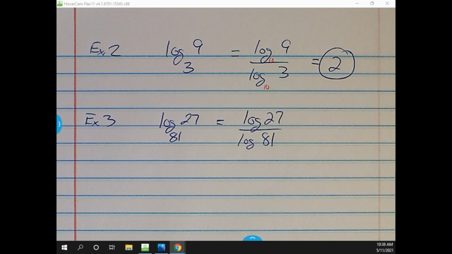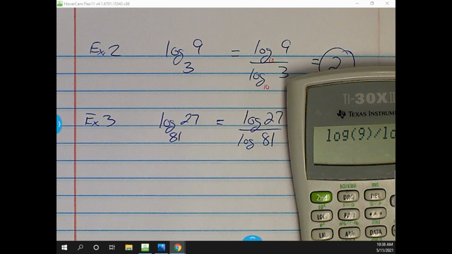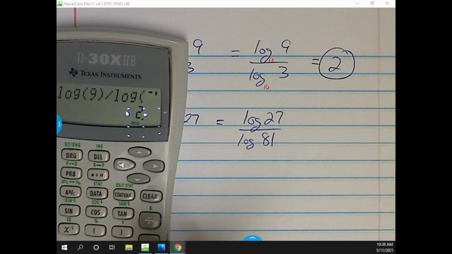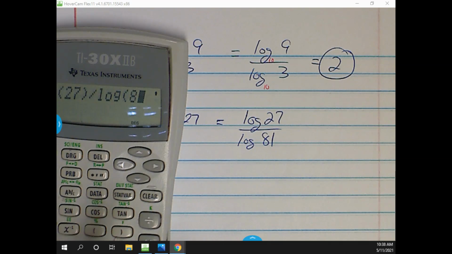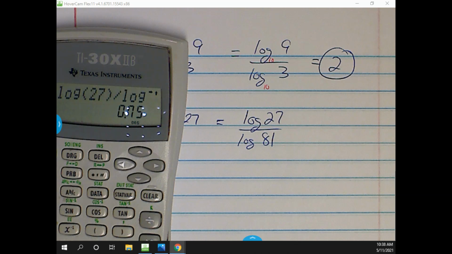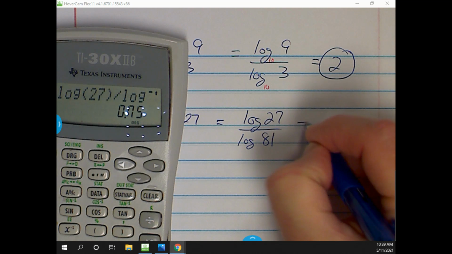That's the log of 27 divided by the log of 81. So if we do log of 27 divided by the log of 81, divide those two numbers, that comes out to be 0.75.